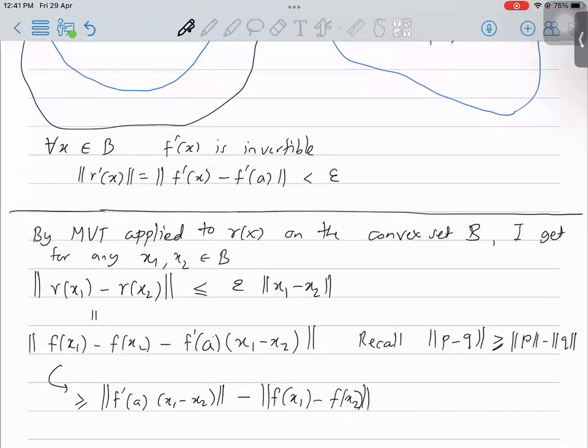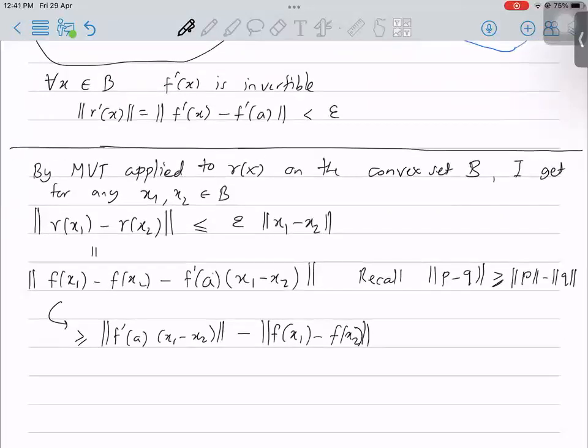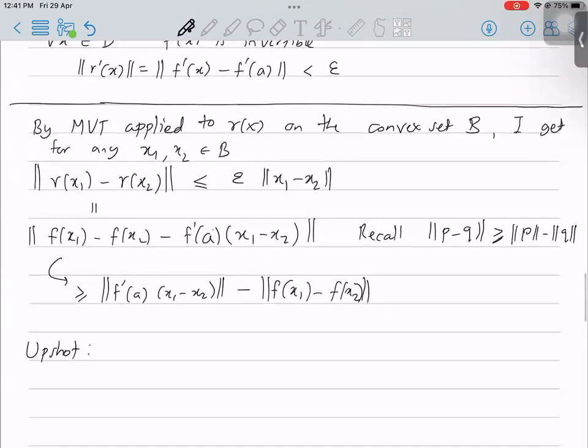And the reason for this is that, unfortunately, whatever I wrote on the line below, I should have written it to the left so that I could have just taken the cascaded inequalities. So what is the upshot? What do I get? We can get a lower bound for f of x1 minus f of x2. Exactly. So the interesting thing here is f of x1 minus f of x2. And what is the inequality sign now? Because I have taken f of x1 minus f of x2 on the other side. What is the inequality?